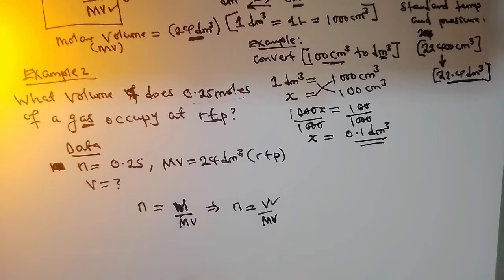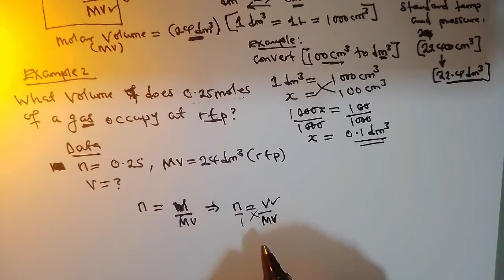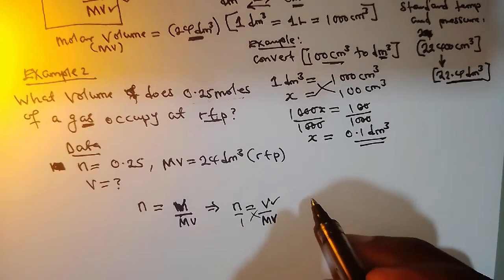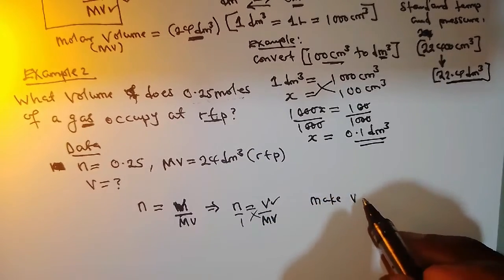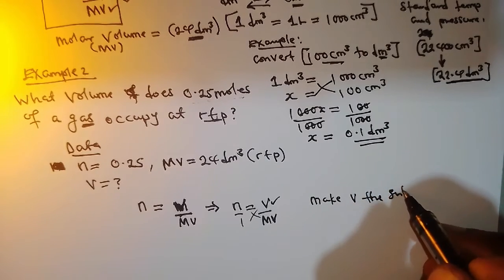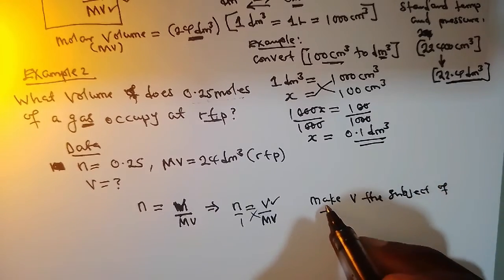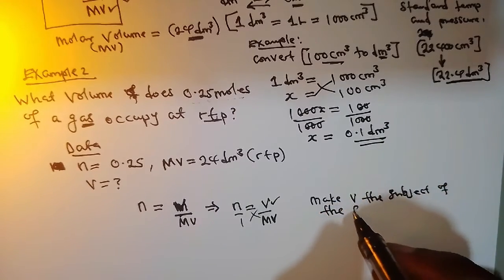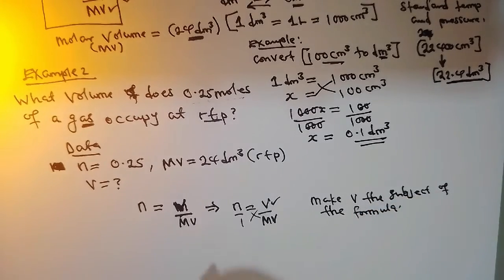So from that point now, we cross multiply and make V the subject of the formula.